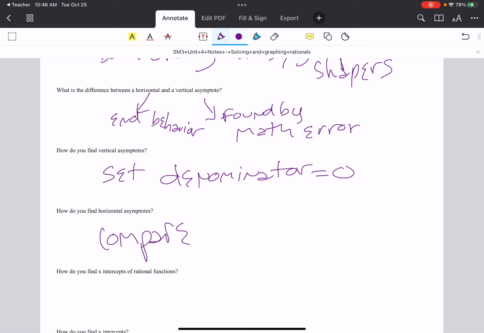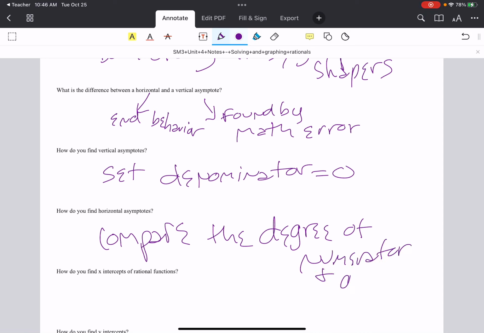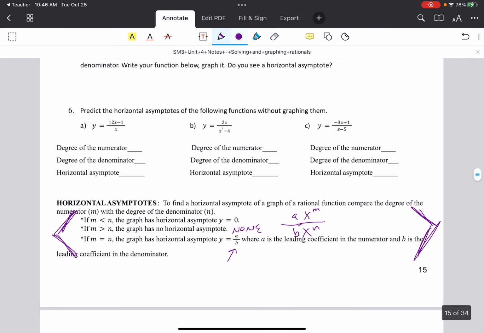You can think about it like plugging in large numbers and then comparing the degree of numerator and denominator. If you need more than that, don't forget that this page right here puts all of the horizontal asymptote rules for you, right?